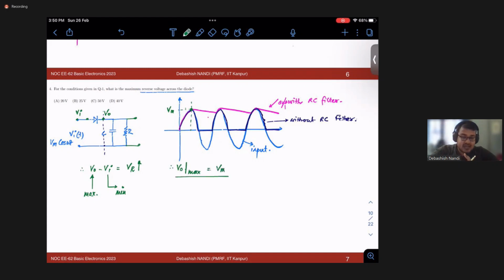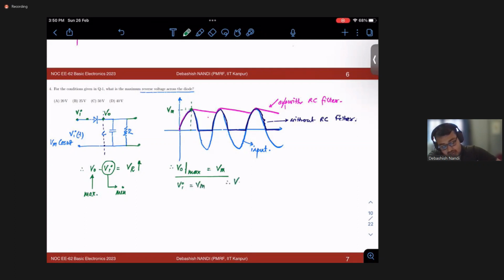At that instant, do you have the value of Vi? Your Vi is also the same, right? Vi is also at that point Vm.